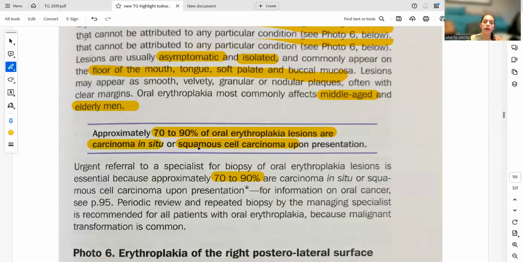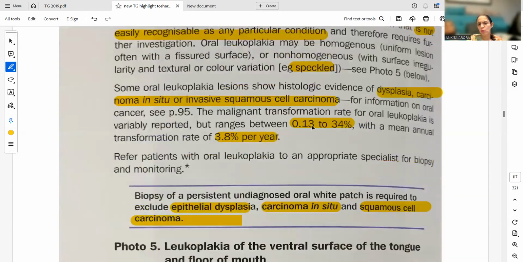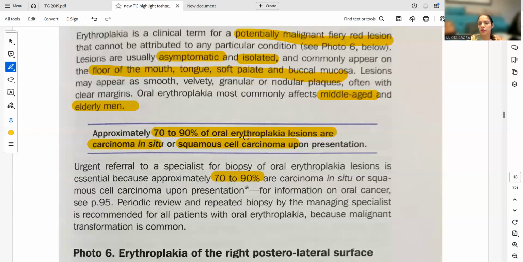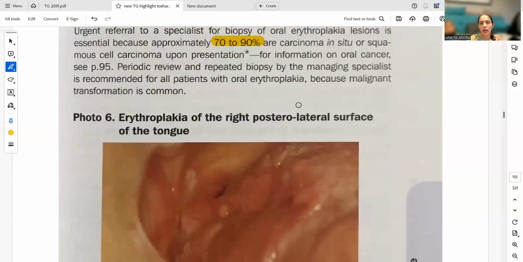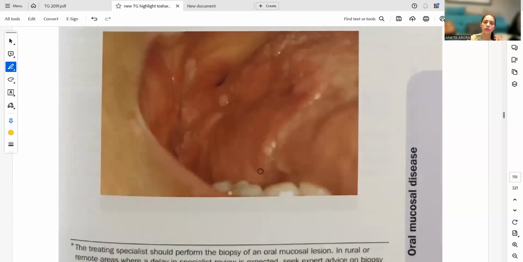There, the maximum was approximately 34%, ranging from 13 to 34 with 4% per year. Here, the minimum range is 70 to 90. Periodic review and repeated biopsy by a managing specialist is recommended for all patients with oral erythroplakia because malignant transformation is common in them. This is the erythroplakia of the right posterolateral surface of the tongue.